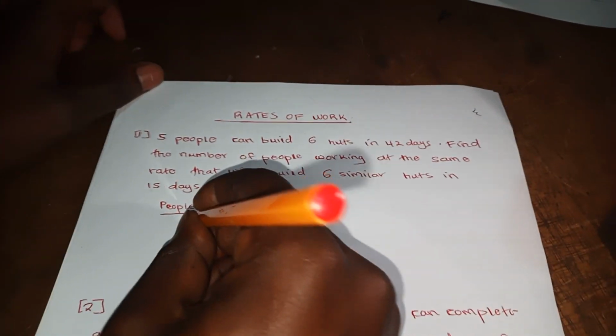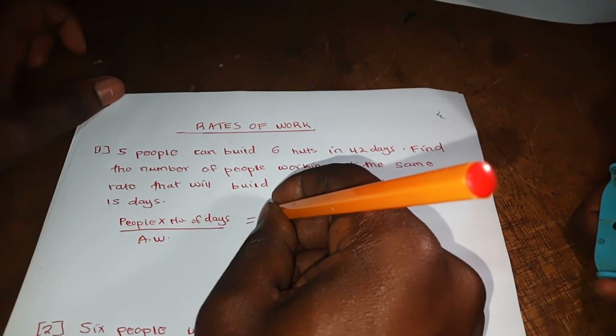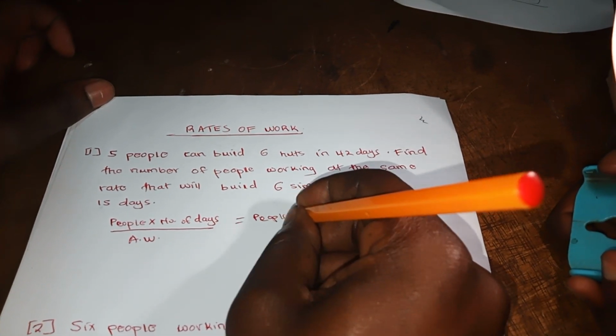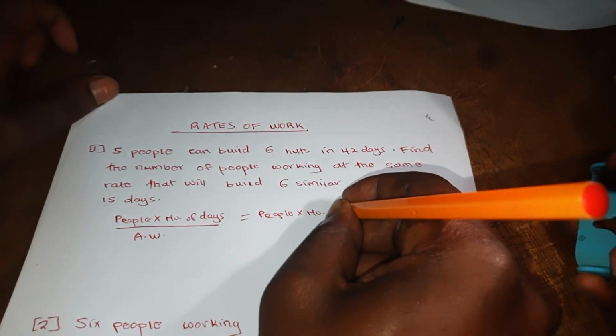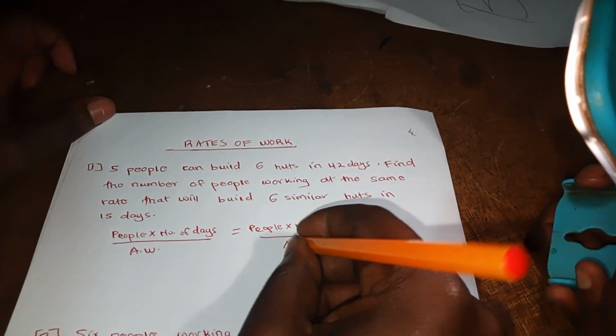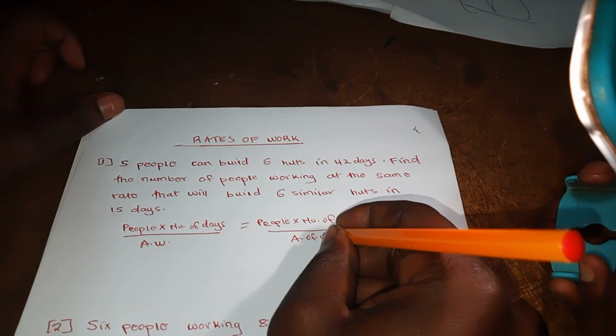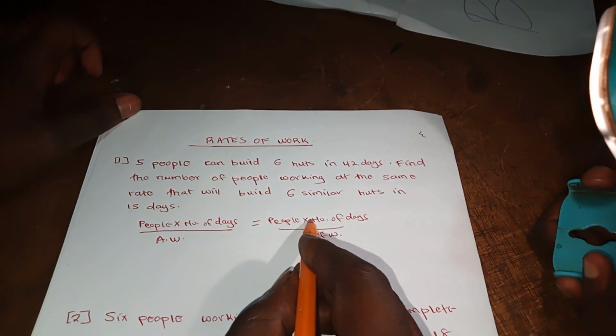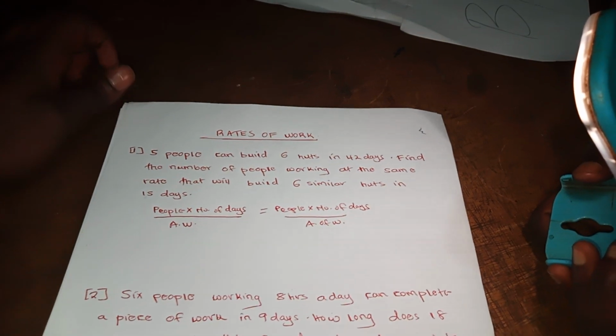All over amount of work is equal to people, the same statement, times number of days, all over amount of work. This is the first statement. You are equating to the second statement.